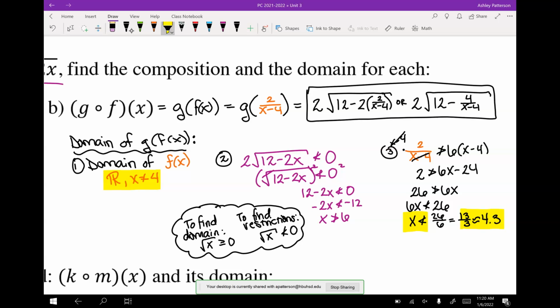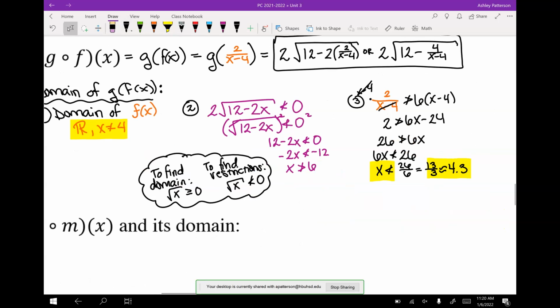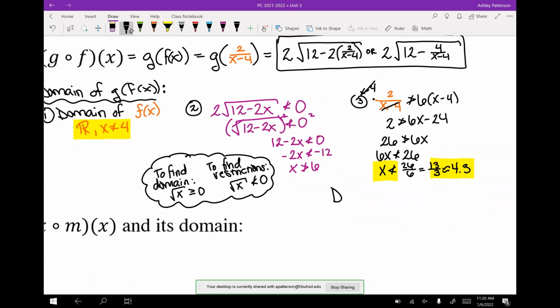We need to see if they overlap, how they overlap, so we can write our final answer. Here we go. The domain of g of f of x. I'm going to draw my number line. I know that I need a 4 from number 1 and that we need a 4.3 repeating from number 3.